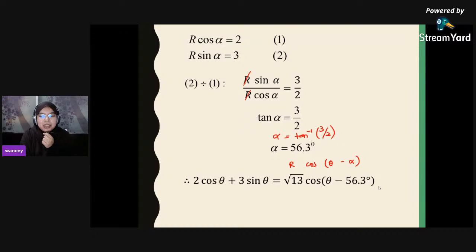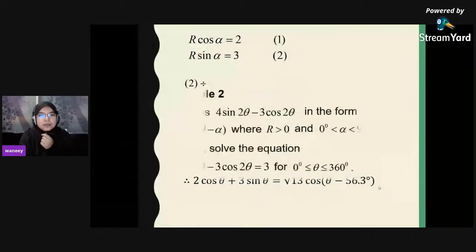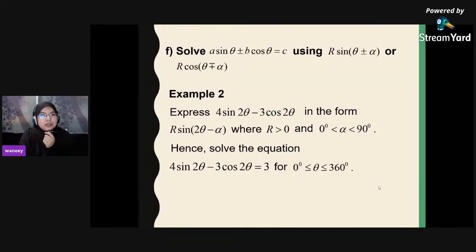Okay, so done with this. Let us move to the next question. Now solve a sin theta plus minus b cos theta equal to c by using r sin or r cos.